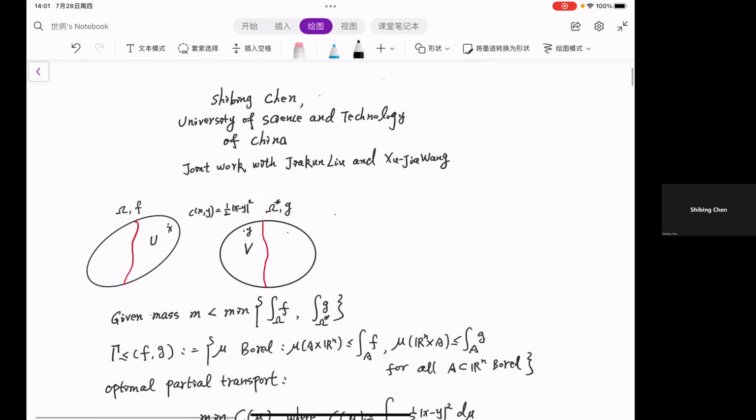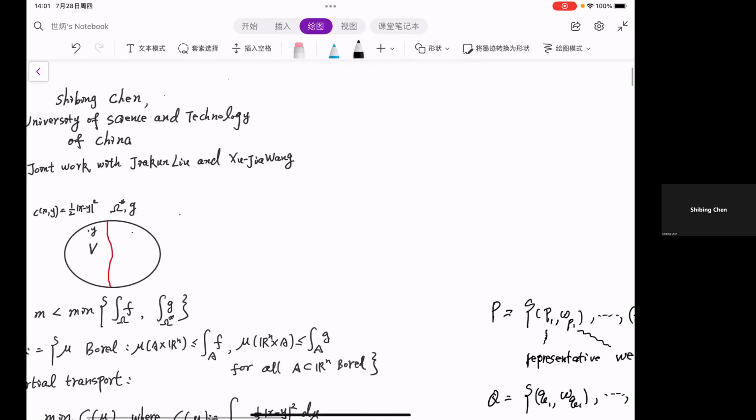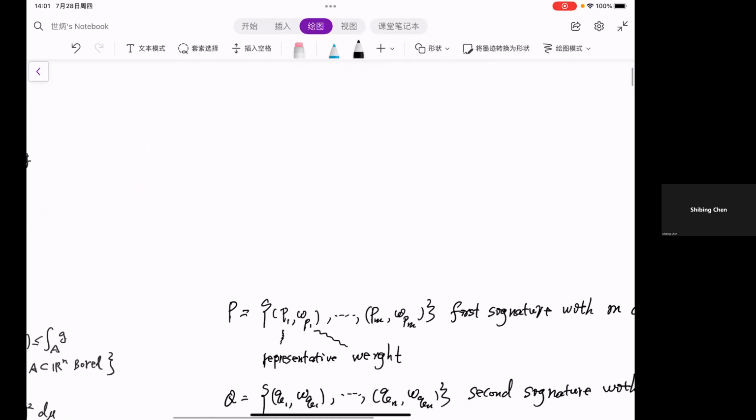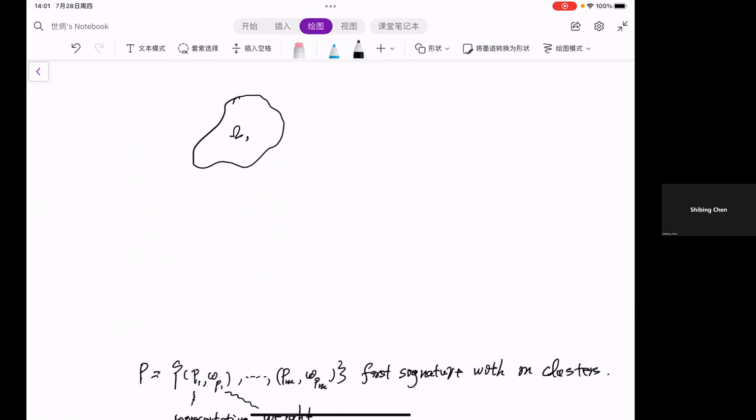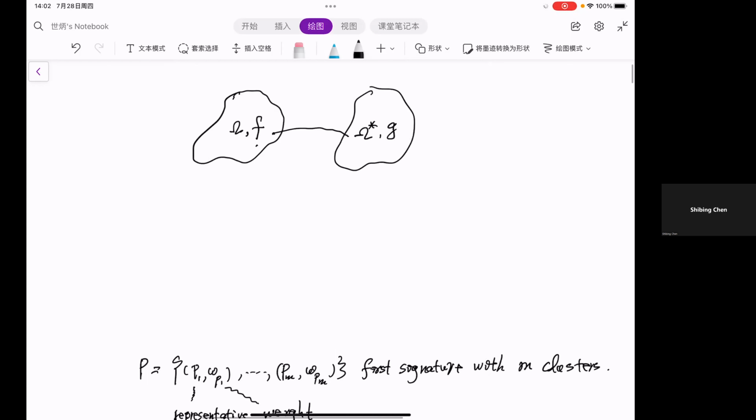In the classical optimal transport problem, suppose you have a source domain. For example, you have some materials in omega, like in China, with the density of materials F, and you have some factories, for example in the USA, in omega star, with the density of the distribution of the factories G, and then you want to transport the mass from omega to omega star in the cheapest way.